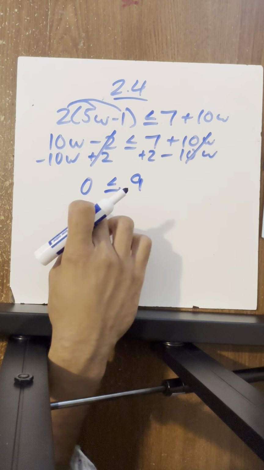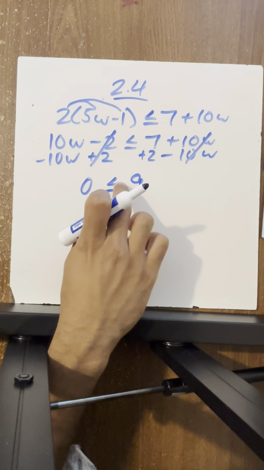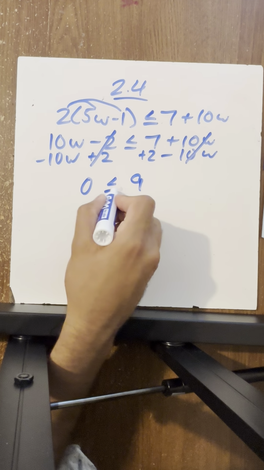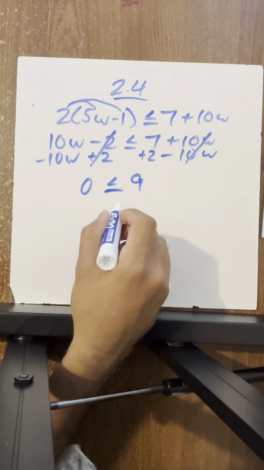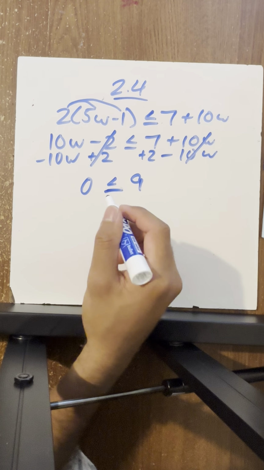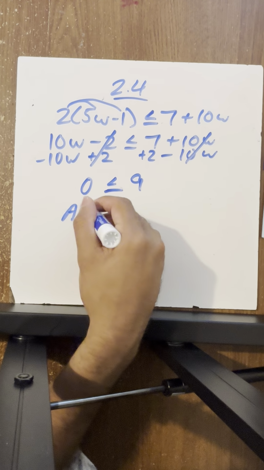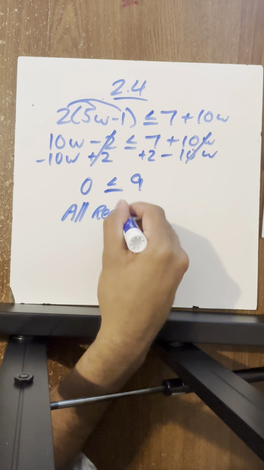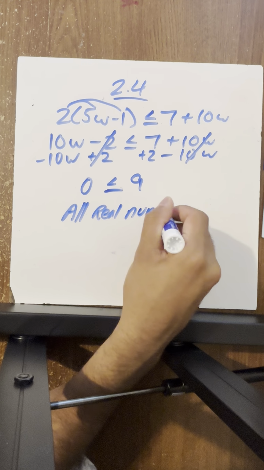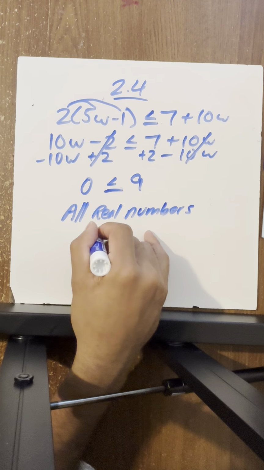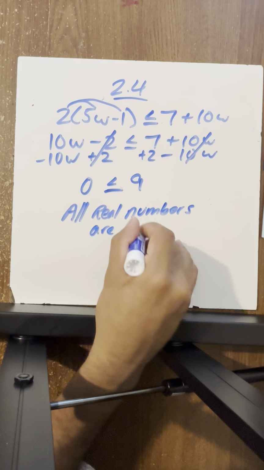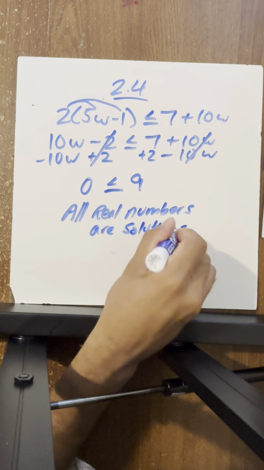Is 0 less than or equal to 9? That is true, right? Because 0 is less than 9. This is always true. So all real numbers are solutions. The way we can write the answer is all real numbers are solutions. That means it is always true.